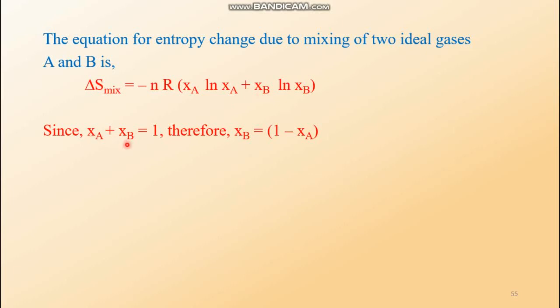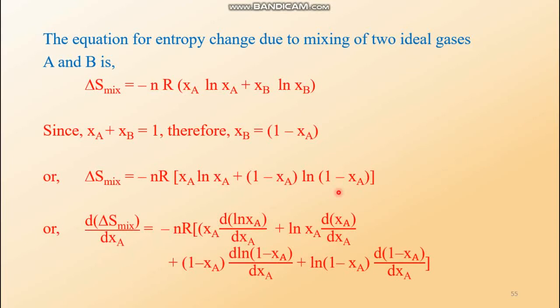Since XA plus XB equals 1, XB equals 1 minus XA, and this 1 minus XA replaces XB. So we get delta S mix equals minus NR times XA ln XA plus 1 minus XA times ln of 1 minus XA. So let's differentiate both sides with respect to XA. The left hand side is d delta S mix by dXA, and this value should be equated with 0.